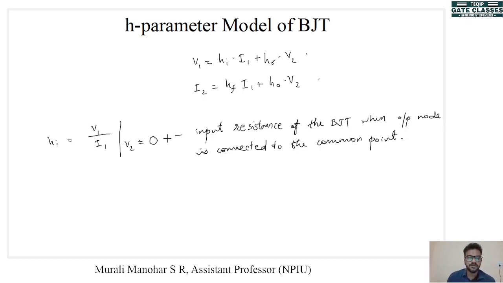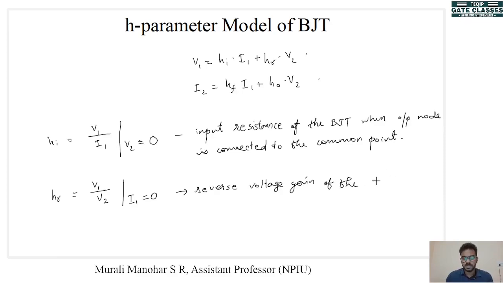So that is the meaning of V2 equal to 0. Now we have HR. HR is equal to V1 divided by V2 when I1 equal to 0, and HR is the reverse voltage gain of the BJT. The condition is I1 equal to 0, that means the input node is open.